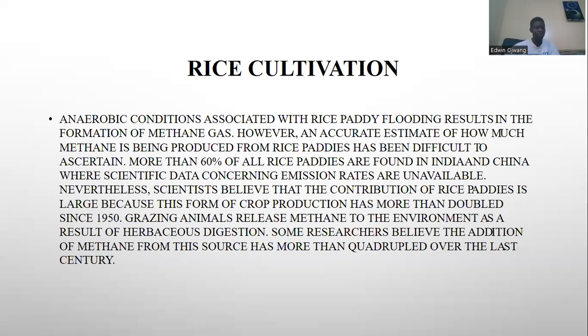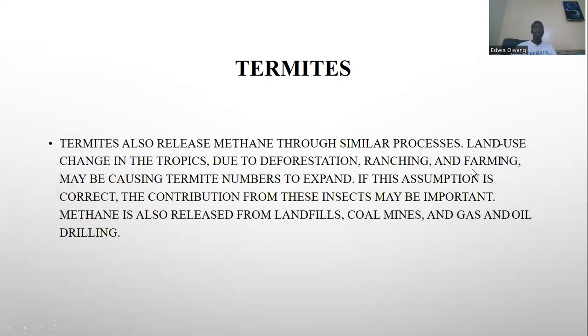Grazing animals release methane to the environment as a result of herbivorous digestion. Some researchers now believe the addition of methane from this source has more than quadrupled over the last century. It has really increased, as you can see. And termites are said to release methane through similar processes also.